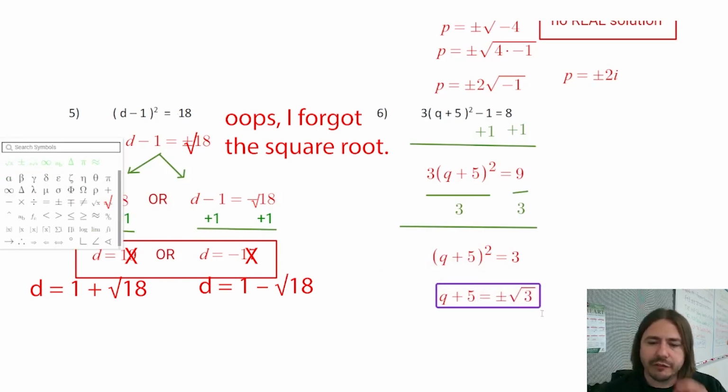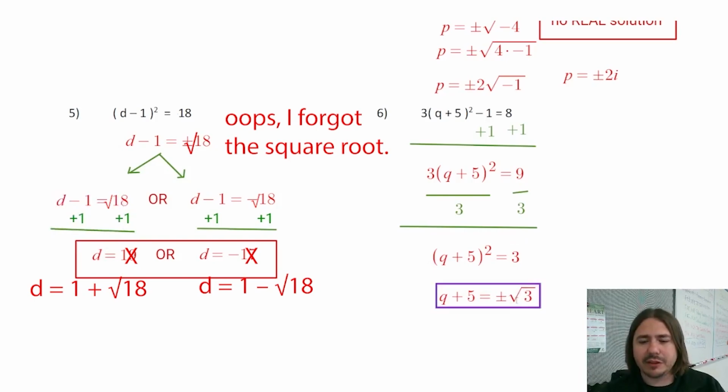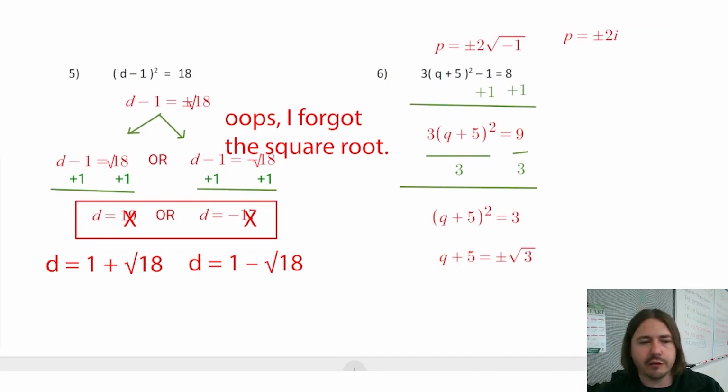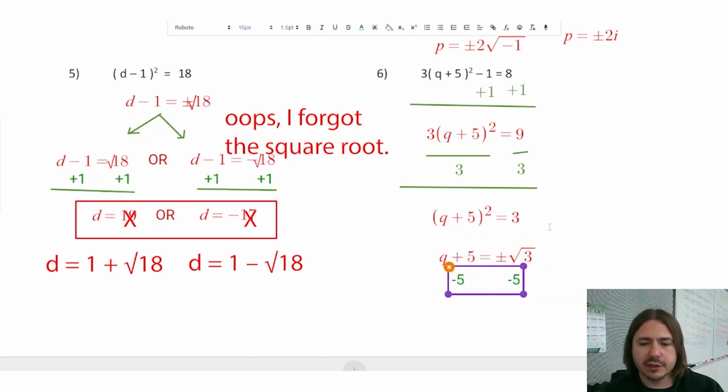And then we want to subtract 5 on both sides. Now, what I'm about to show you, you could have done over here, too. Like over here, I could have just written plus 1 on both sides, then had 1 plus or minus 18 and evaluated those separately. So I'm going to do that same kind of thing over here, where I'm going to subtract 5 from both sides. I want to show you that you can split it up. You don't have to.